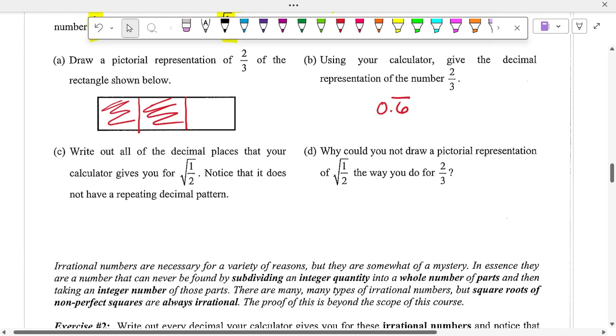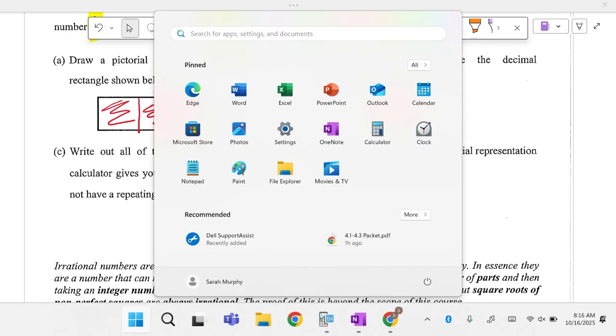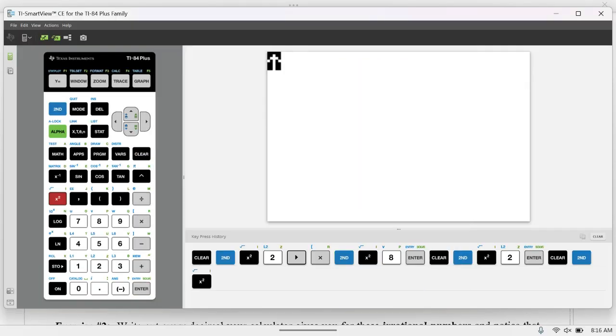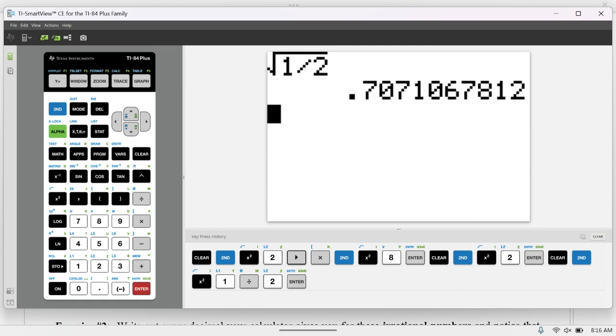Now, let's write out all the decimal places that we get for the square root of 1/2. I'm just going to put this in my calculator. You guys don't have to, but I will. Take a minute and write out all those decimal places.